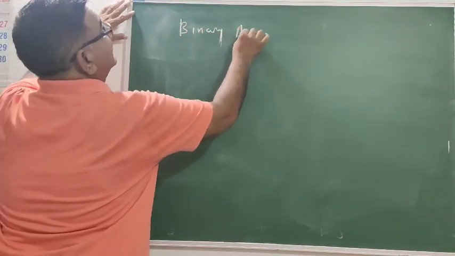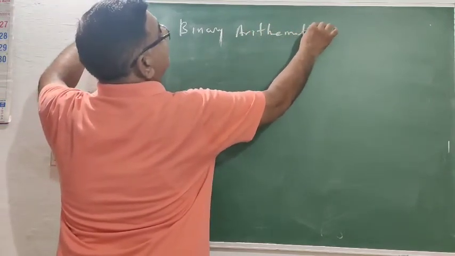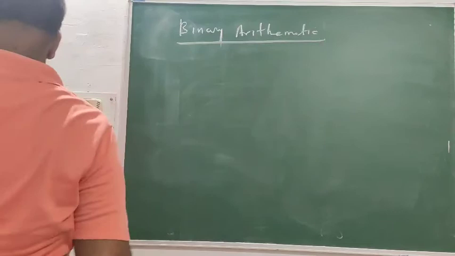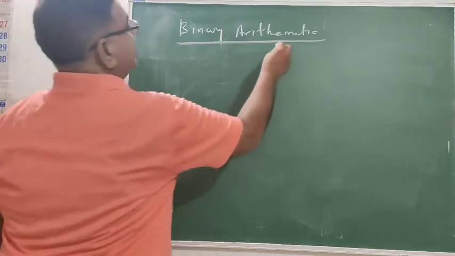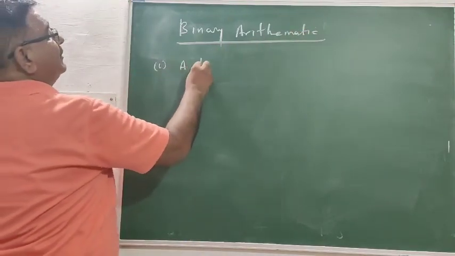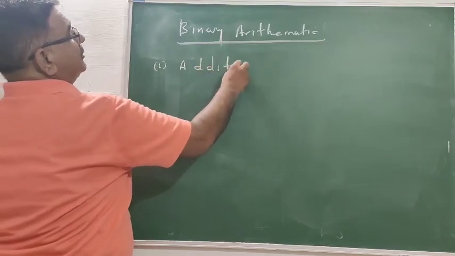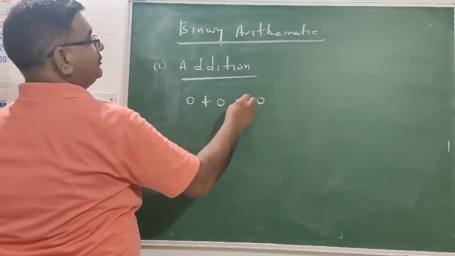Binary arithmetic. What do you mean by binary arithmetic? First operation, addition. My dear children, you remember when you have 0 plus 0, it is 0.